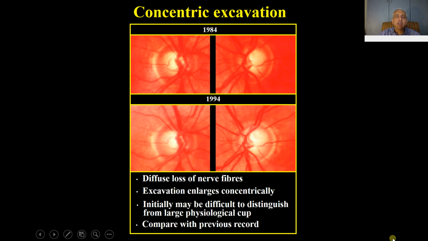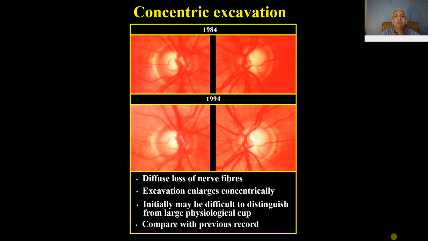Physiological cup is an entity which we need to be clear about, which I went through last time as well, because most patients will have a cup to disc ratio around 0.3, but some people with normal eyes might have a cupping which is more.